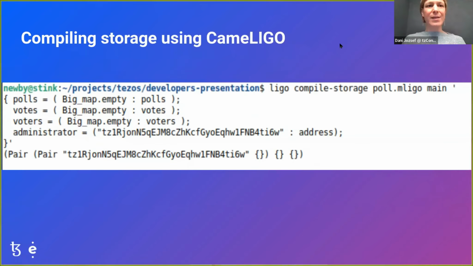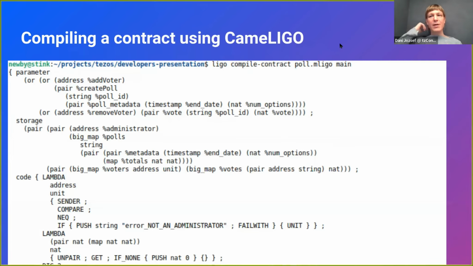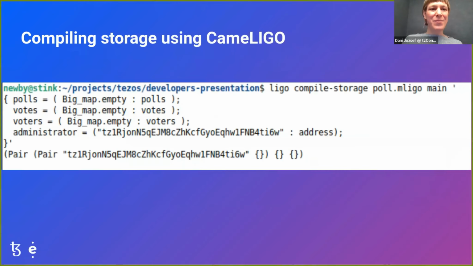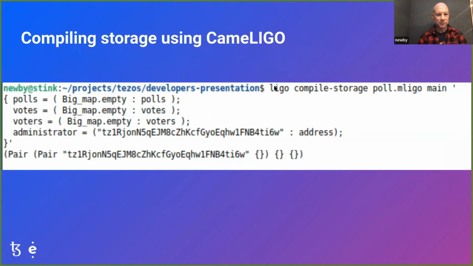So we're going to be showing you some examples about compiling a contract and deploying it. I'm going to skip these slides for now, or just maybe mention that this is how we compile with LIGO.